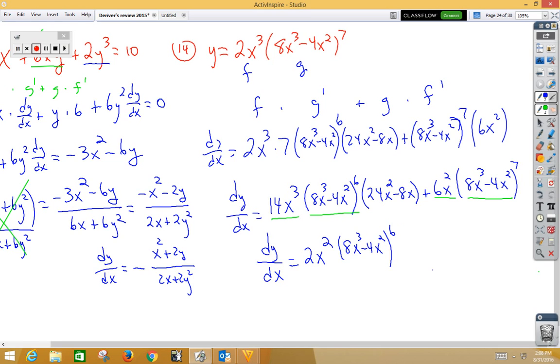On the inside here then, we would have a 7x, we would have a 24x squared minus 8x plus, and then we're going to need an 8x cubed minus a 4x squared inside there. So that's the idea of some of the things we could do. We could, I suppose, distribute here and then combine like terms, but you get the idea.